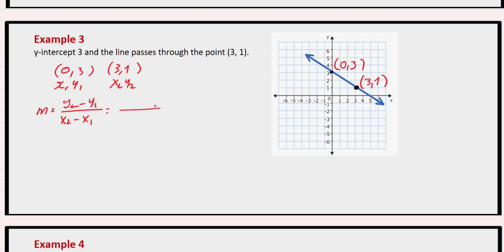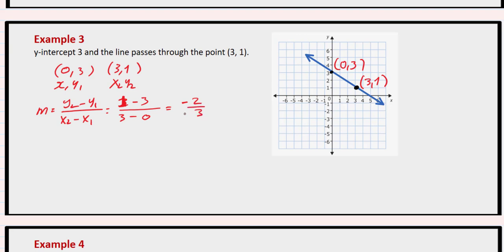When we find the slope, y2 minus y1, and y2 is 1 minus 3, and x2 is 3 minus 0. This is going to be negative 2/3. That'll be the slope.